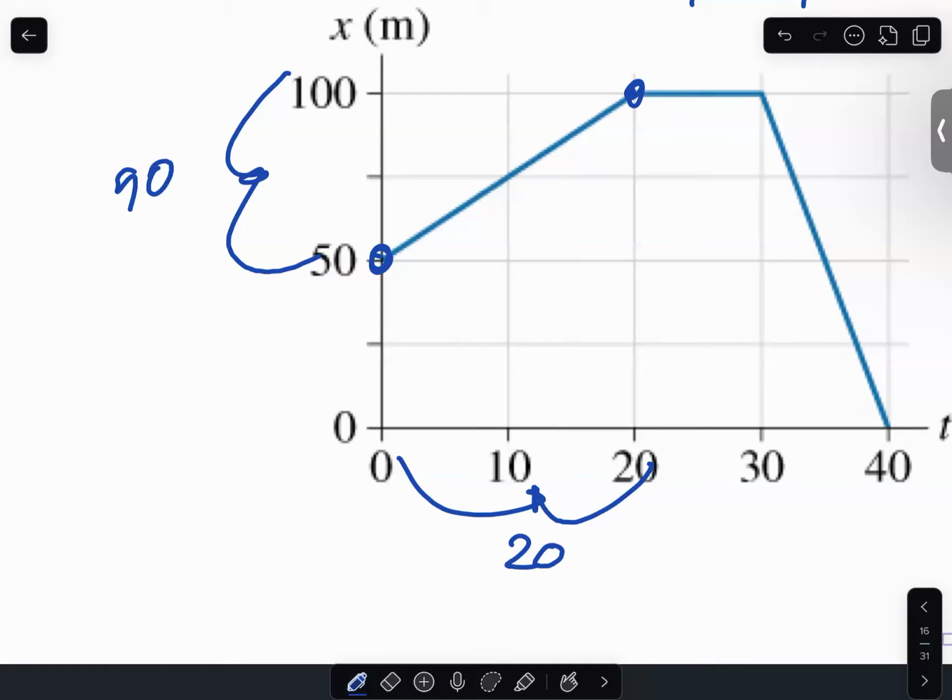What if your slope is positive? What does slope tell us? Velocity. Slope of position is velocity. Know that. Slope of position is velocity. What does it mean to have a positive velocity? Steady slope means steady velocity, neither speeding nor slowing. What do you think?